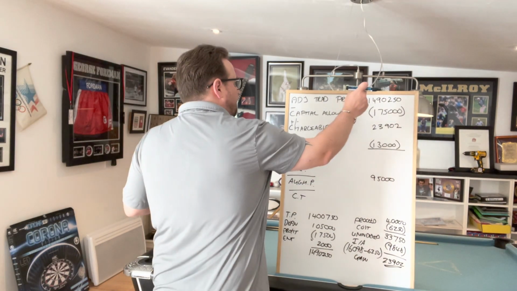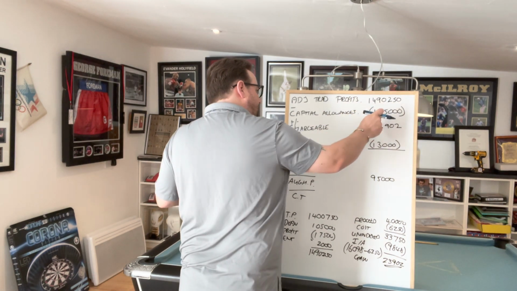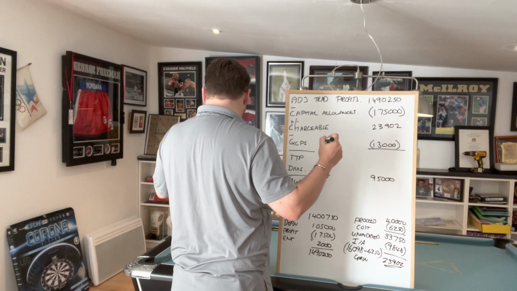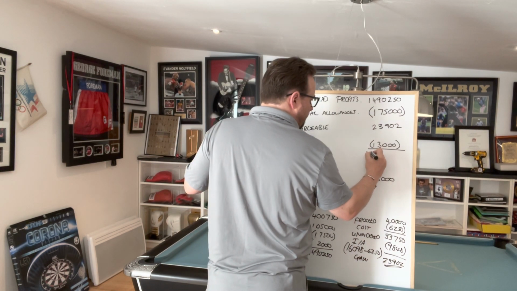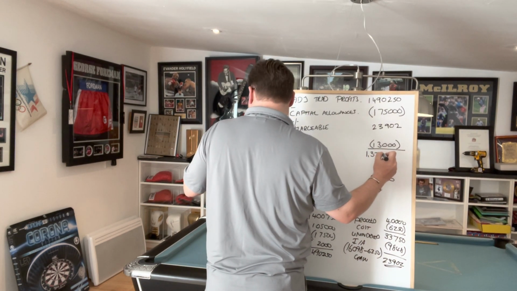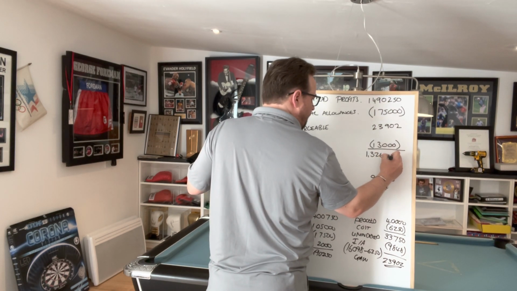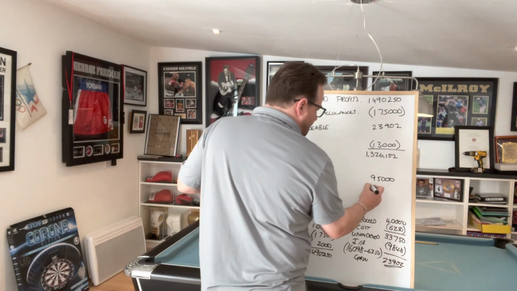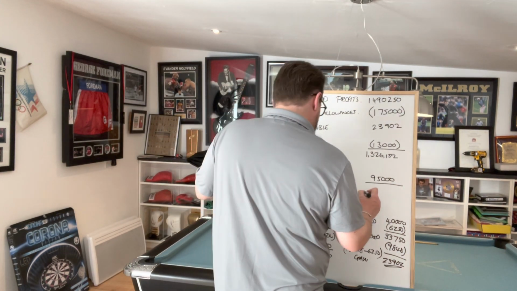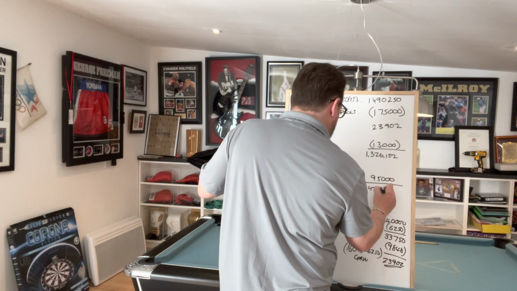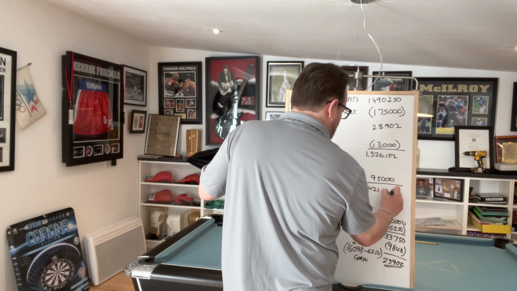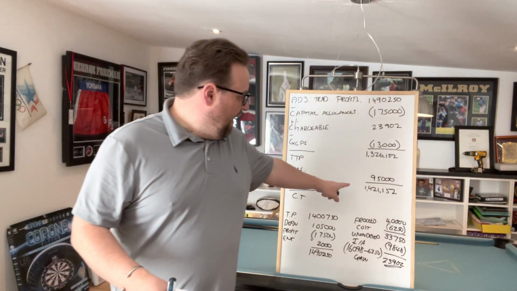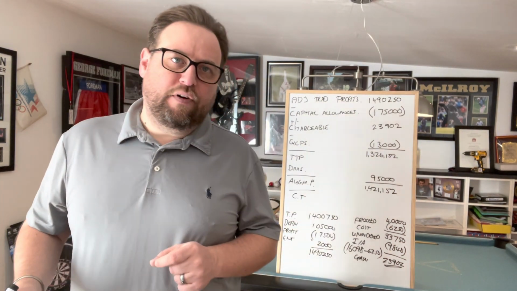So we take this, minus this, add this, minus this, and we are left with 1,326,152. And then when we add the dividends, that gives us 1,421,152. The significance here being that figure is less than 1.5 million.